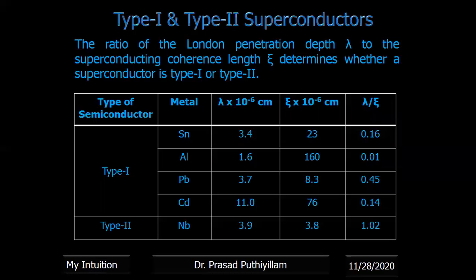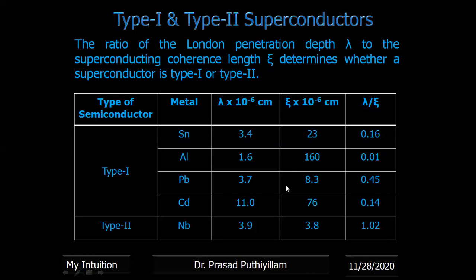Taking examples for penetration depth and coherence length: in the case of tin, which is type 1, 3.4 is the lambda and 23 is the psi, taken in powers of 10 to the power minus 6 centimeter, and the K value, lambda by psi, is 0.16. In the case of aluminium, 1.6, 160 and 0.01.